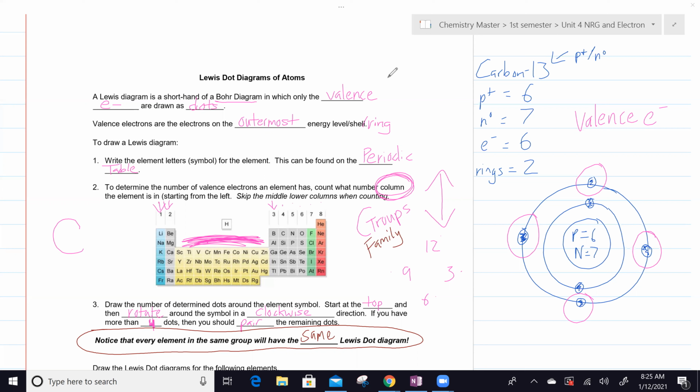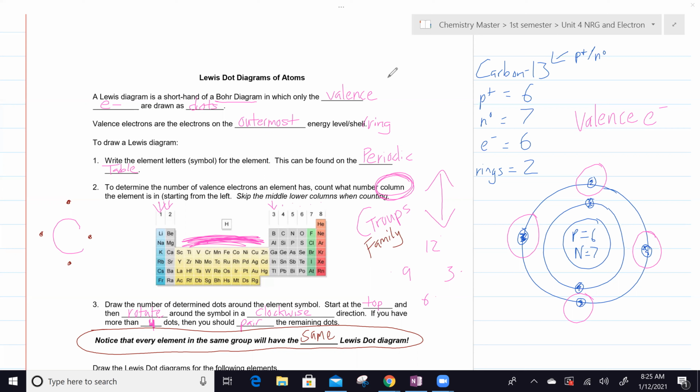Tell me how many dots you think it should have. 4. Yes, it should have 4. So if carbon has 4 dots, it says start at the top, then rotate around. 1 dot, 2 dots, 3 dots, 4 dots. The end. That's it.